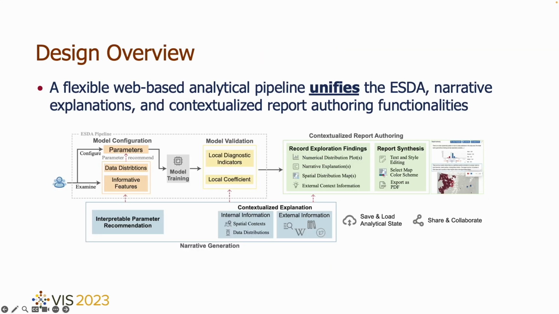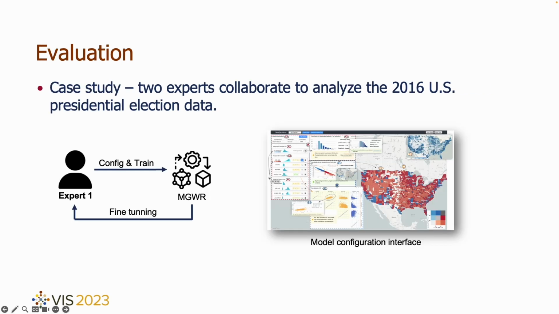Overall, GeoExplainer provides a flexible web-based analytical pipeline that unifies the exploratory spatial data analysis, narrative explanations, and report authoring functionalities. In the case study, 2 domain experts were invited to analyze the US presidential election data.